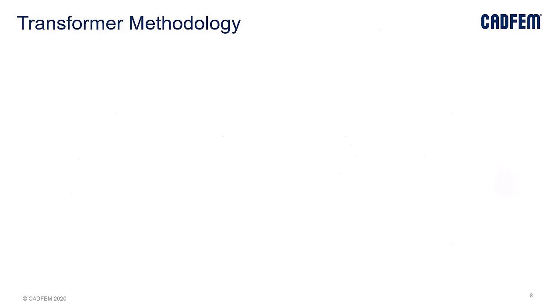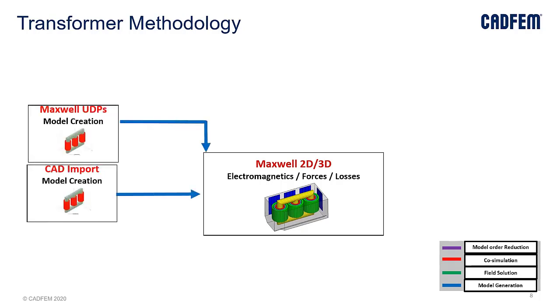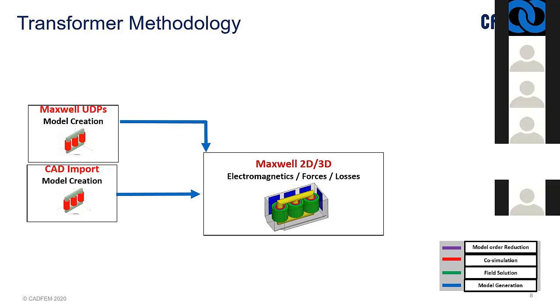So that's fine, whatever we discussed previously, that's good, but as I mentioned, to understand the complete physics, or whatever we showed in the previous tool set of how they are coupling, that's where the challenge comes into the picture. So from the electromagnetic point of view, we are dealing with the solver called Maxwell, which will address the complete electromagnetic analysis of the transformer. Basically the input for this Maxwell is, you can directly give the CAD import as an input, or you can create user defined primitives, which are already pre-existing template geometries for these 3-leg core transformers.